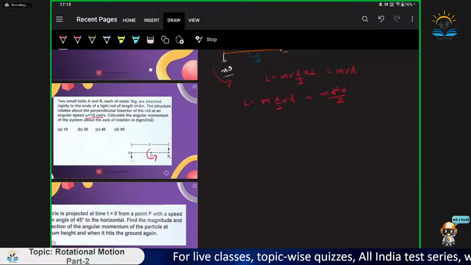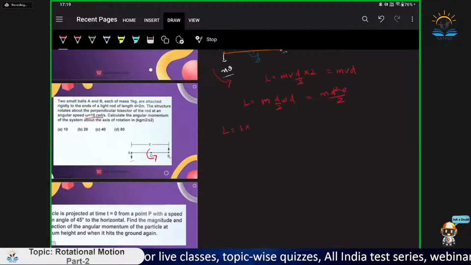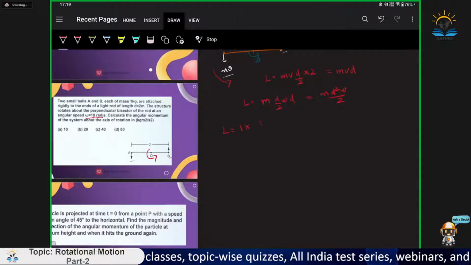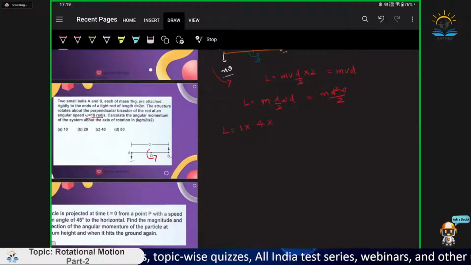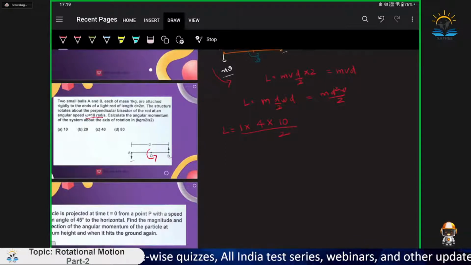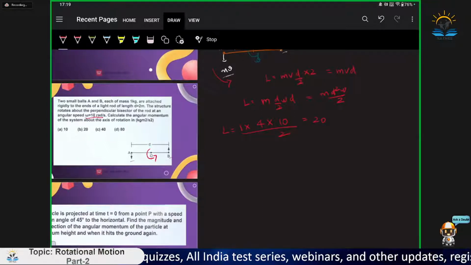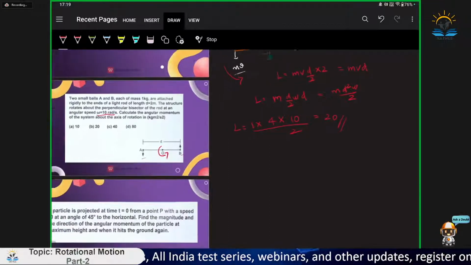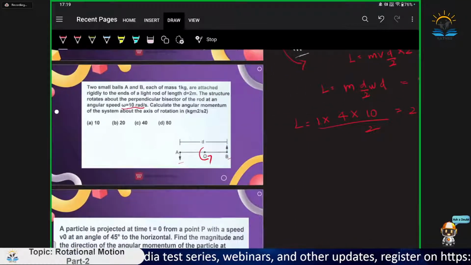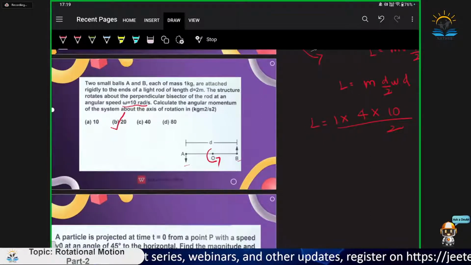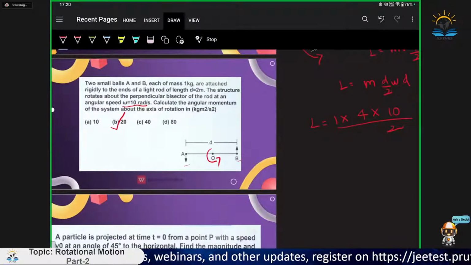M is 1, d is 2 meter, so d square is 4. Omega is 10, so 40 by 2, that is 20. Option B, 20 will be the right answer.